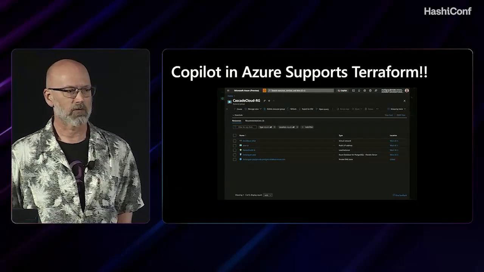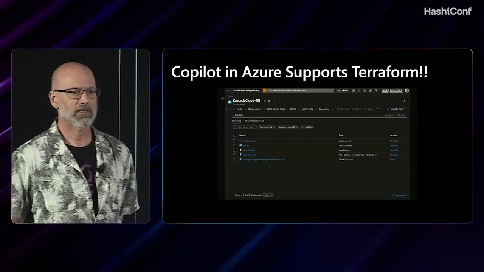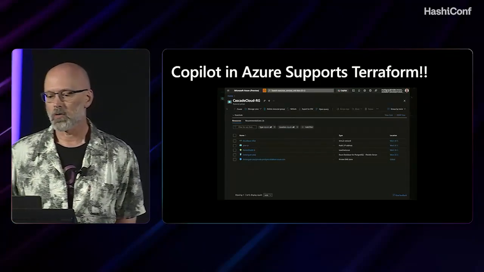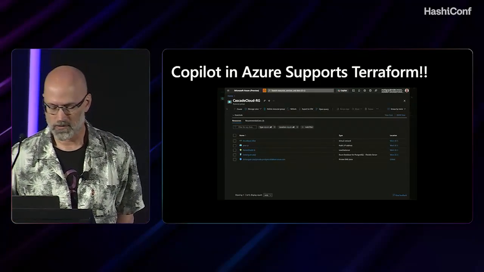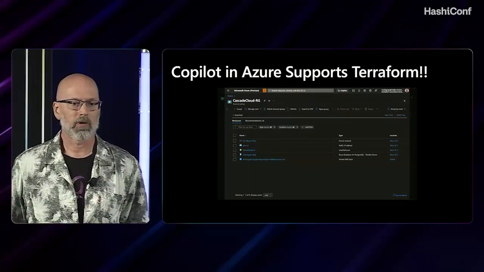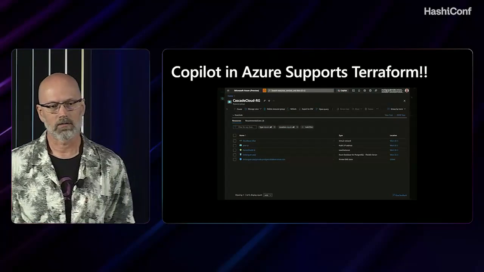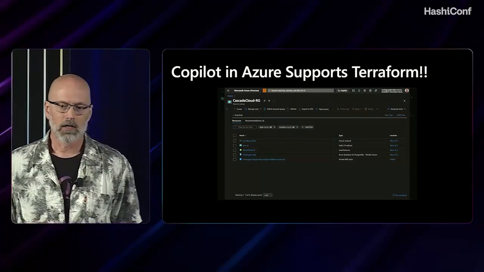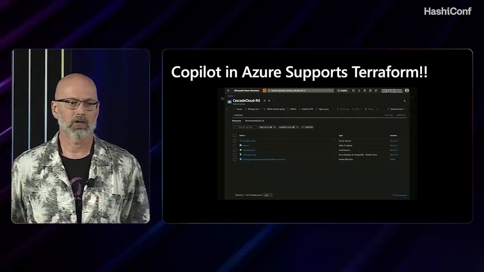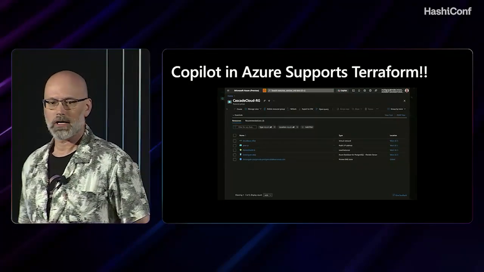Obviously, it is a large language model and generative AI, so it's not going to give you the exact same answers every time, but we do augment it, so we give you some good answers there. It is based on Azure RM, so we'll talk about AzAPI later, but the Copilot right now gives you answers for Azure RM, and it is Azure specific, so you can't go in there and ask it how to deploy something else in another cloud.